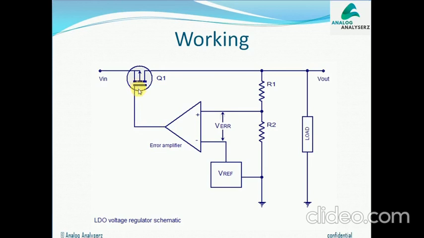Due to this the resistance of this PMOS increases, and it moves towards VDD. Thereby this PMOS will drop more voltage, dissipate it, and give the appropriate voltage which was required.